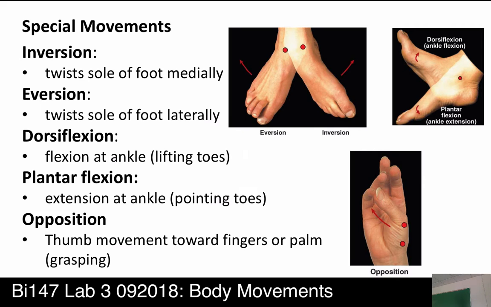Yes, ma'am? How come they got rid of the pronation, supination for feet? Because to actually supinate your foot, you would have to be able to turn your foot so that, I'm not going to do it because I have a slightly sprained ankle already. I don't want to dislocate it. It would be to turn your ankle so it was facing up. And our feet just don't do that.